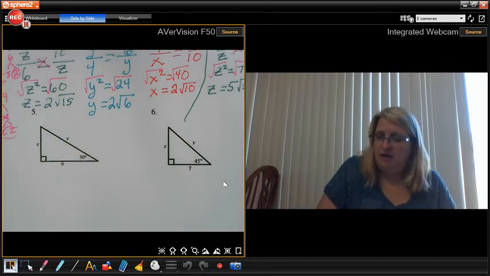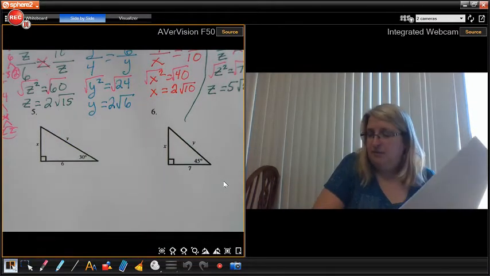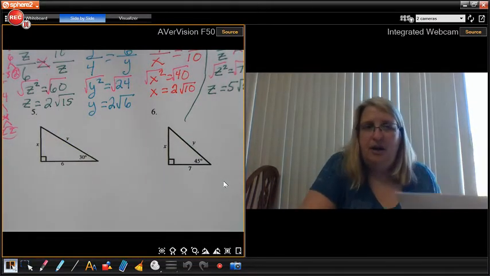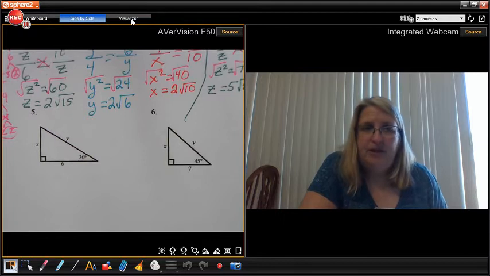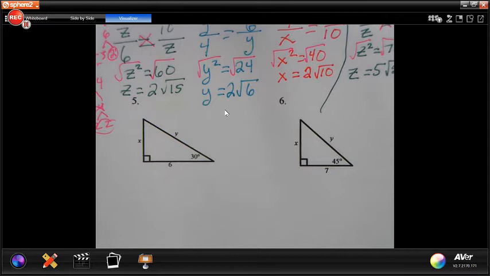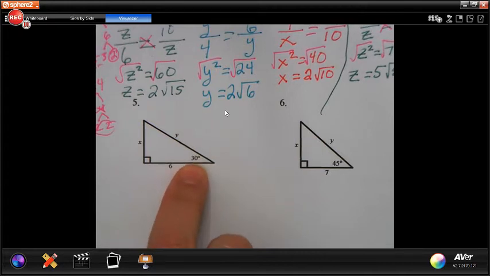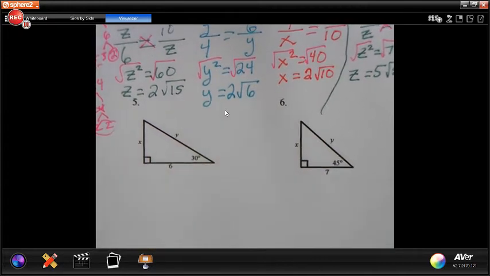And one of the lessons that I gave you an assignment on this week was called special right triangles. Let me switch over to document camera. Okay. So this is a right triangle and it has this 30-degree angle, and that makes it a special right triangle because there's a special formula that goes with it.